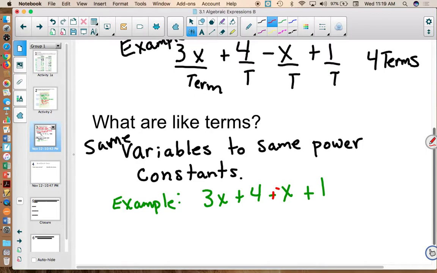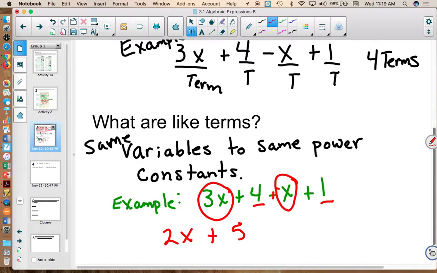Now, my like terms here are my 3x and my negative x. So I can combine those two. And we said that is 2x, right? Okay. And then the constants, the 4 plus 1, are my other like terms. And so I got my plus 5. Okay? And that's how I simplify it.